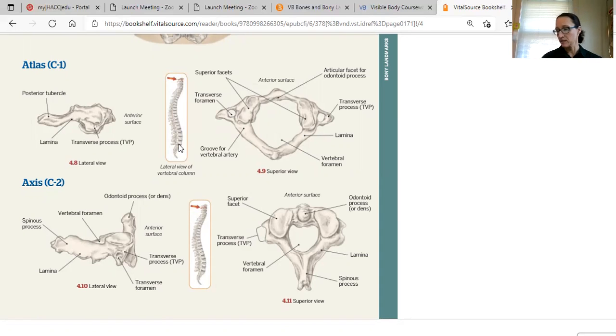Okay, so the atlas. The atlas is the very first vertebrae, number 1, and it is structured very differently than all the other cervical vertebrae, but for good reason. Atlas sits at the top and articulates with the skull. So these right here, these articulation points are called facets.